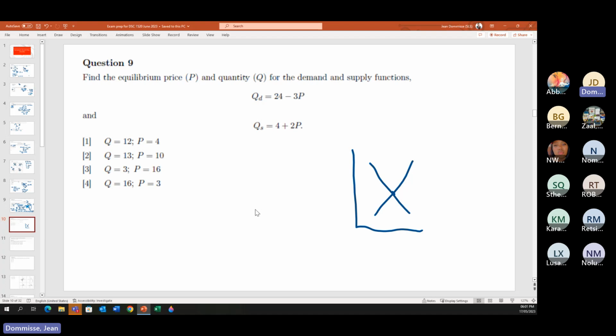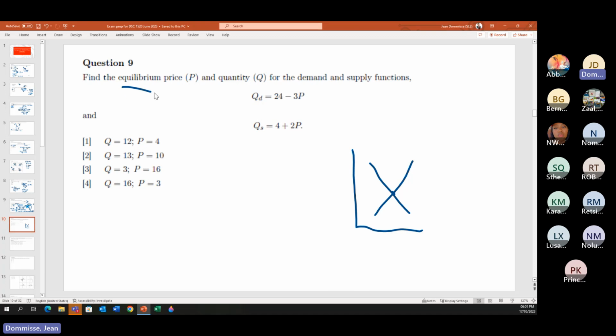What they also sometimes try to do is to play on your nerves, because now you're looking at this and you're like, can it be that simple? Is there not a catch in it? But this is as simple as it looks. You're looking for the equilibrium price. You basically just say the one formula must be equal to the other one.